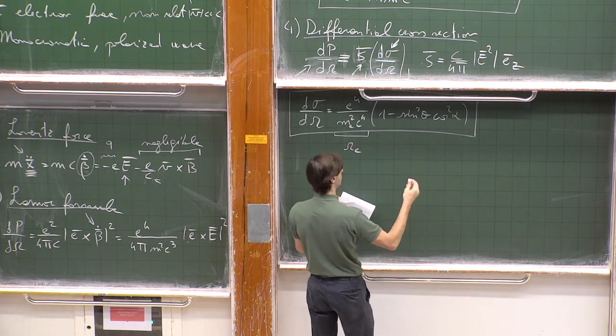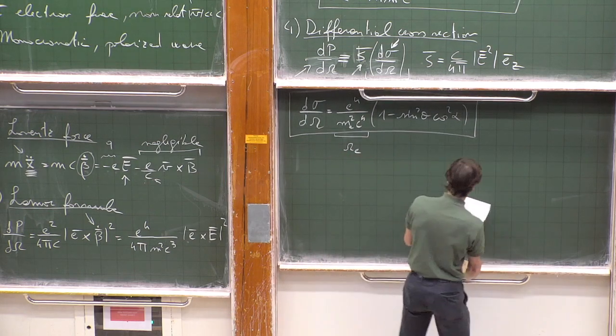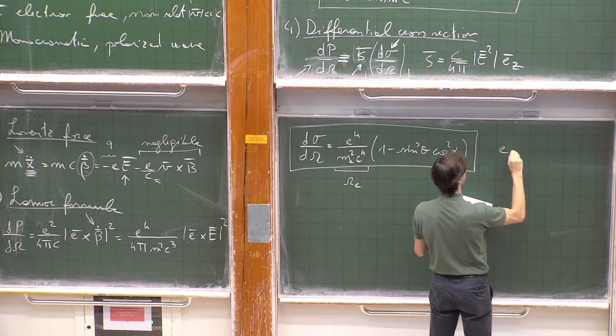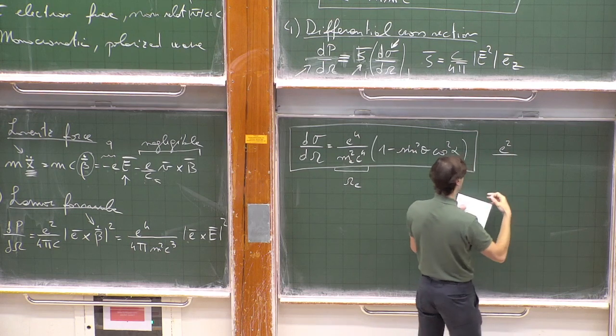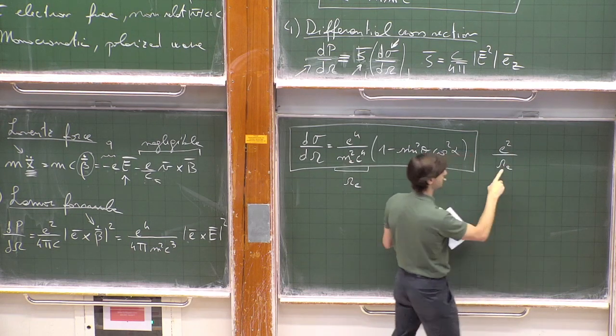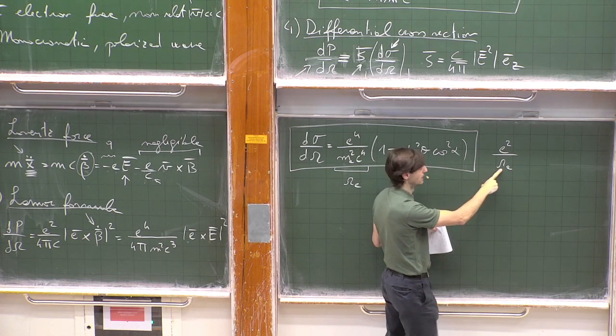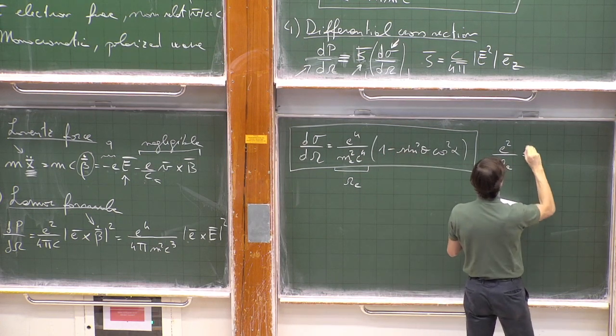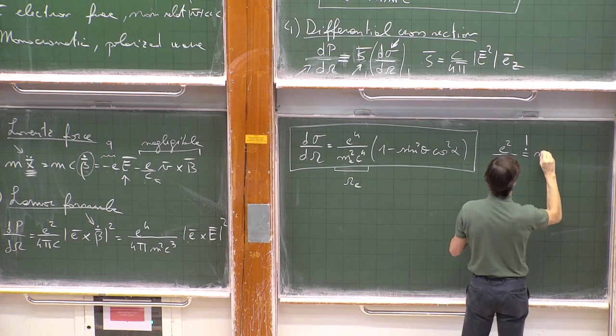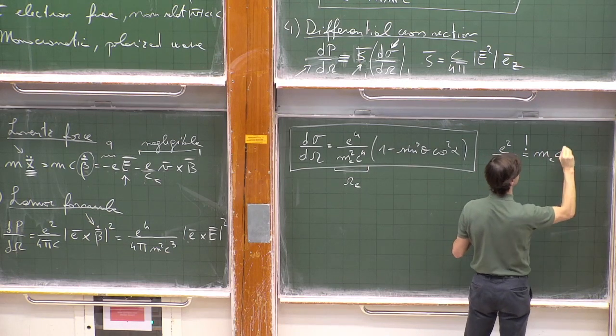Another way to look at r_e is by comparing the electric energy that we have at a certain distance with respect to the position of our electron, and we say that this is equal to the mass of the electron times c squared.